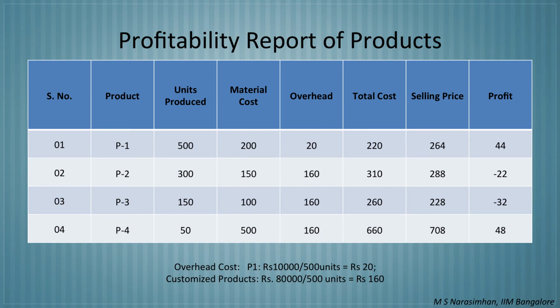Suppose we use this data. You will now charge only 20 as overhead for P1 and 160 per unit for P2, P3 and P4. With this correction, your accountant will produce a different product profitability statement. P1 and P4 are now profit making, P2 and P3 are loss making products.